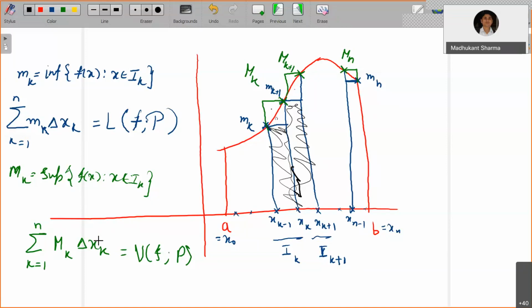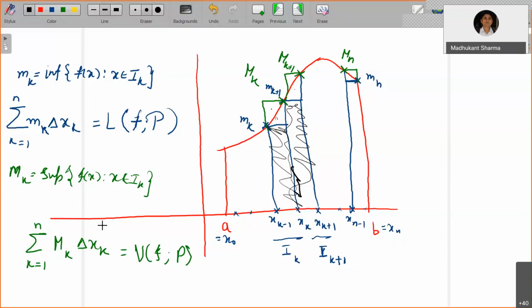You can show that it is not Riemann integrable, because its upper Riemann sum is always 1 and its lower Riemann sum is always 0, irrespective of the partition chosen. So boundedness of the function is a necessary condition, but not sufficient. The function must be bounded, but it may or may not be Riemann integrable. In the limiting sense, they may or may not be equal. For example, you can take the Dirichlet function.